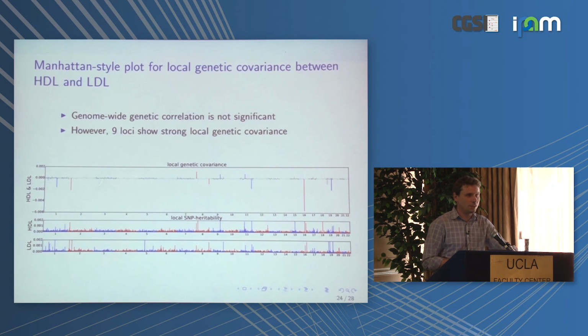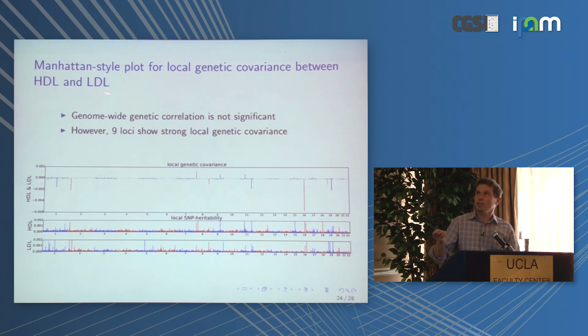Now, another thing you can do here, which we think is very cool, is use data from one trait to find interesting regions in a different trait. For example, you run this test and find loci that have local genetic covariance, but genome-wide genetic correlation is not significant.